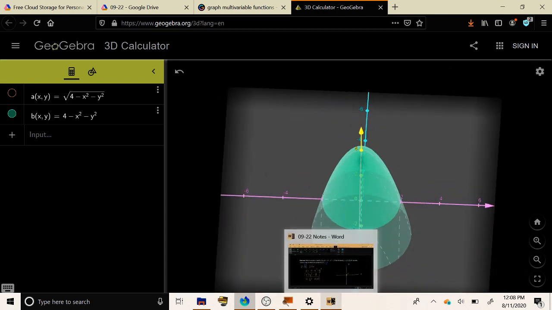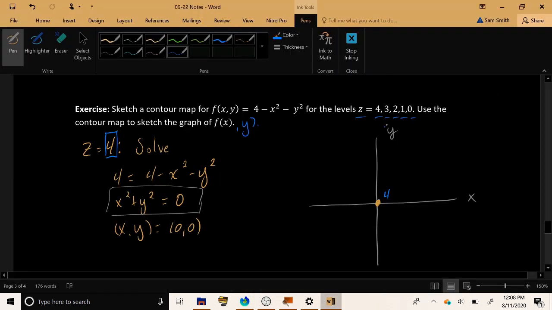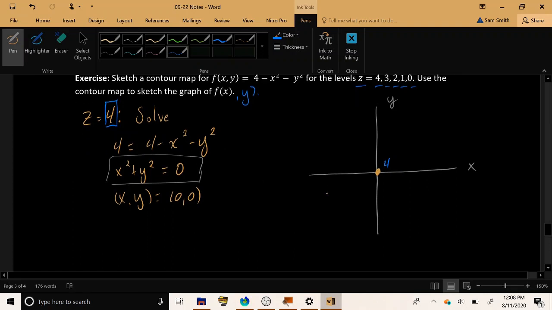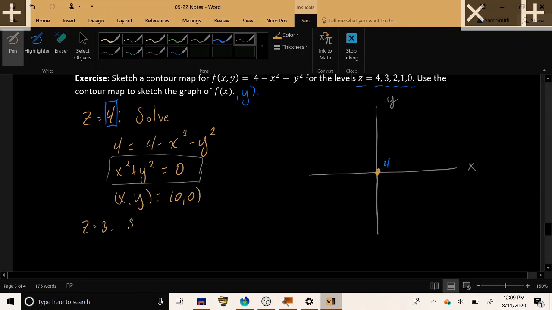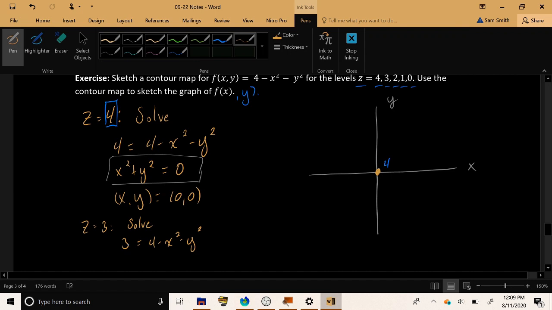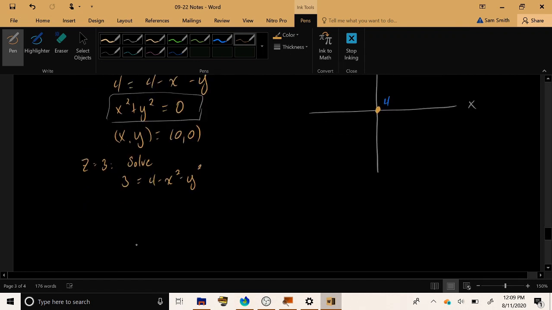Okay, let's go back to the example and let's try the next level, z equals 3. So I'm going to set z equal 3, and I'm going to try and find all the inputs, x and y, which give me an output of 3. Now once again, we can do a little algebra shuffle to say that this must be x squared plus y squared equals 1.